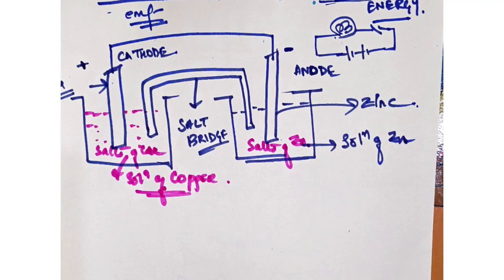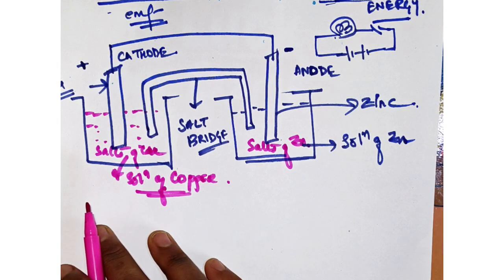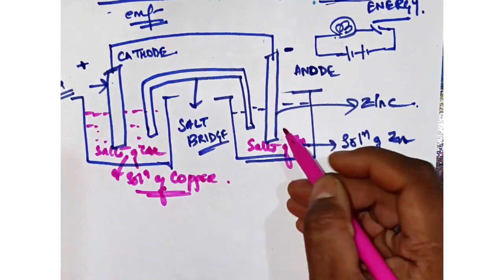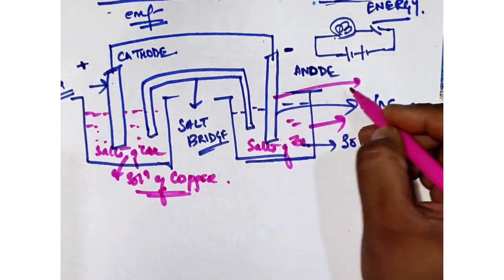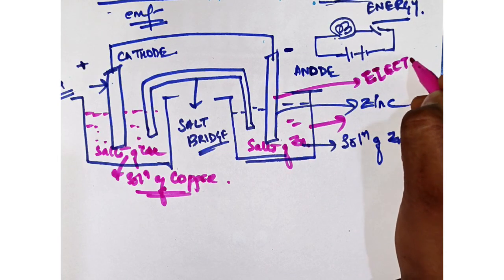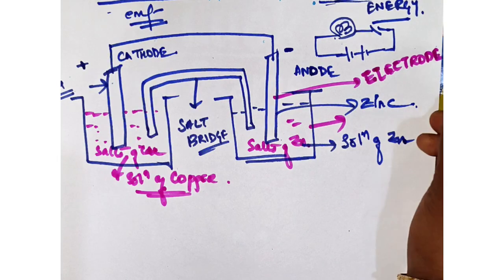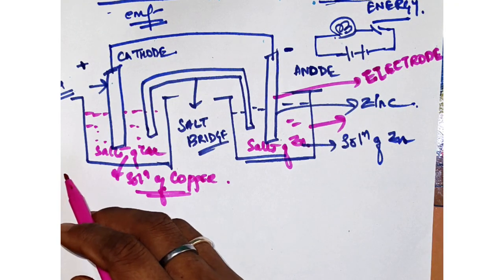In an electrochemical cell, chemical reaction takes place in two parts of the component, which we call a half cell, and it contains electrode and electrolyte. So this is the electrode, and the solution is called your electrolyte.